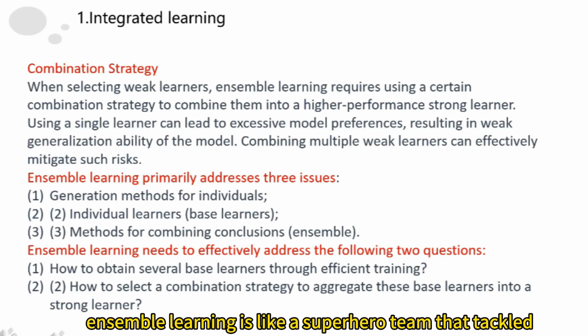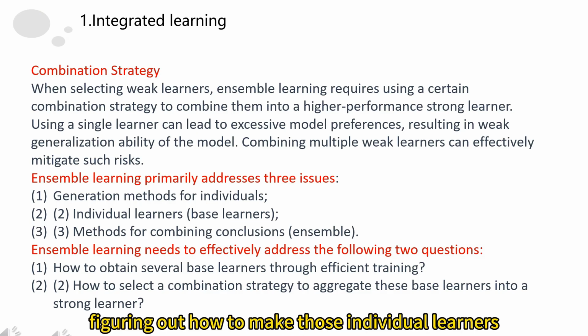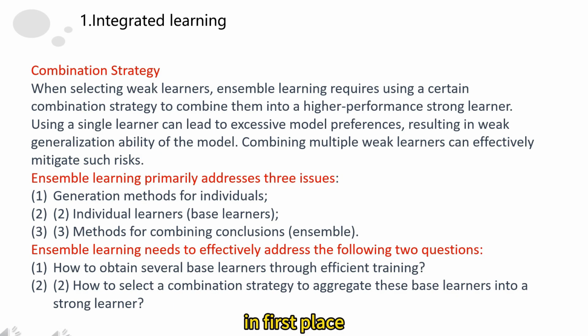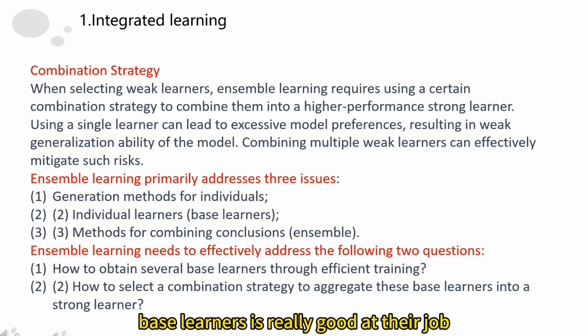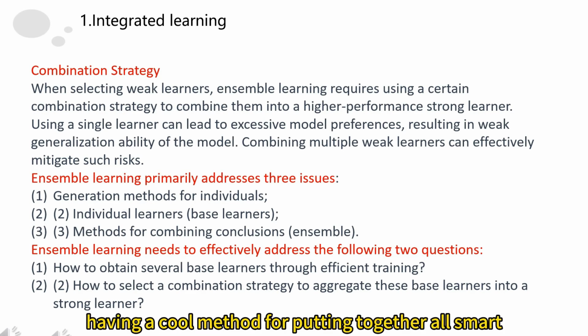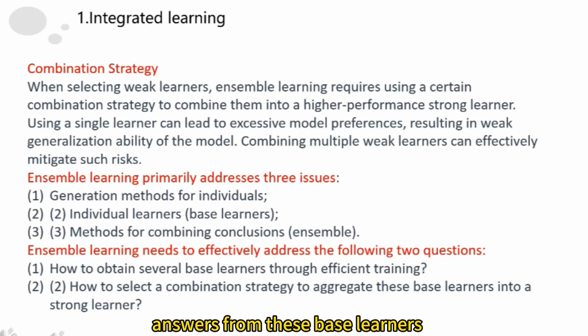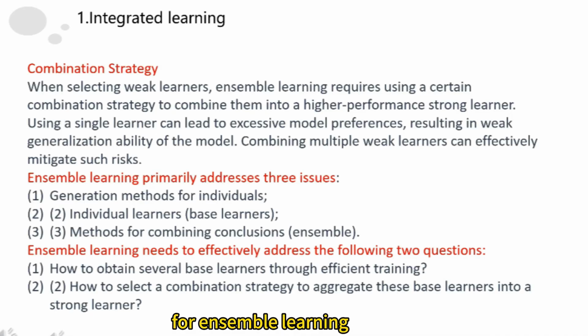Ensemble learning is like a superhero team that tackles three main problems. The first is figuring out how to make those individual learners in the first place. The second is making sure each of those base learners is really good at their job. The third is having a cool method for putting together all the smart answers from these base learners. Now, here are two big questions we need to answer for ensemble learning.